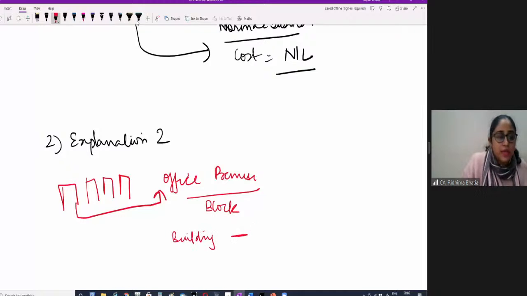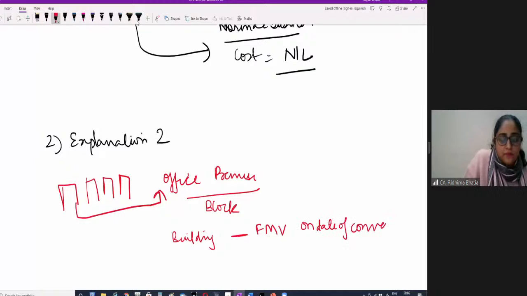At what value will I add this building? I will add it at the fair market value on the date of conversion. Whatever is the fair market value on the date of conversion would be my actual cost to be taken up in the block of assets.